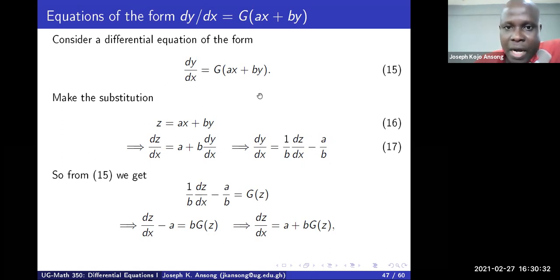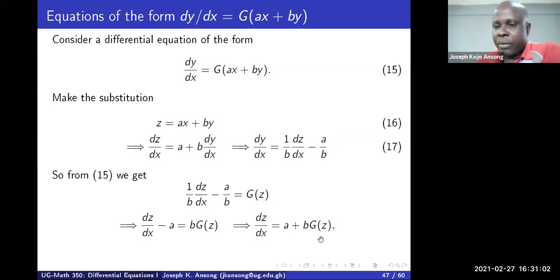Good. Now we can use this. We made a substitution for this, so this now becomes g of z. All of this is z now, which means that dy/dx will be equal to g of z. Then you can multiply through by b, take a to that side, and you get dz/dx is equal to a plus b g(z).